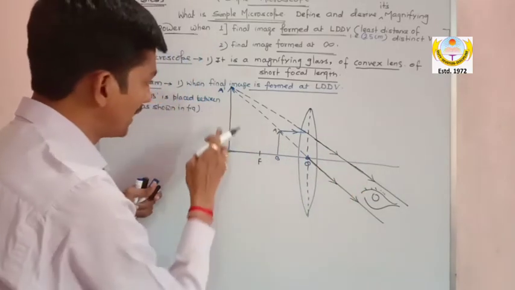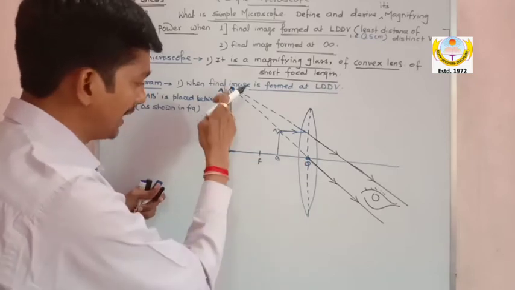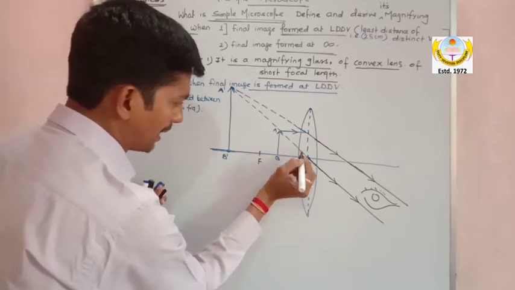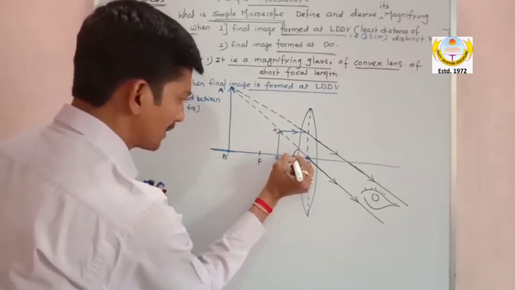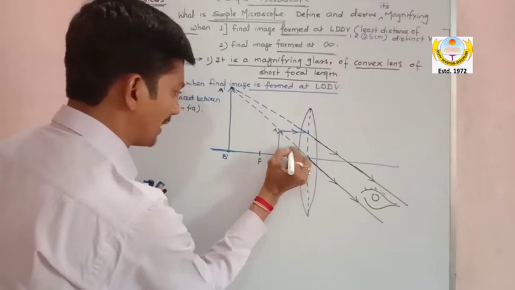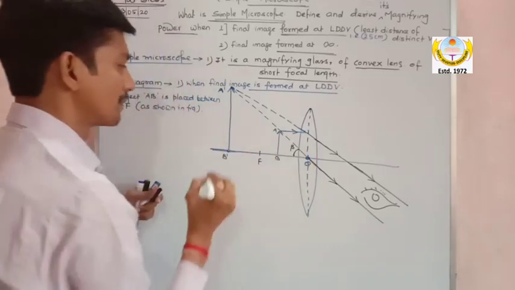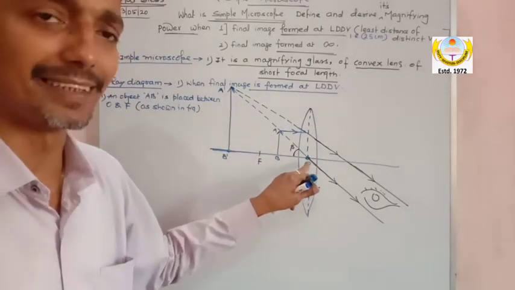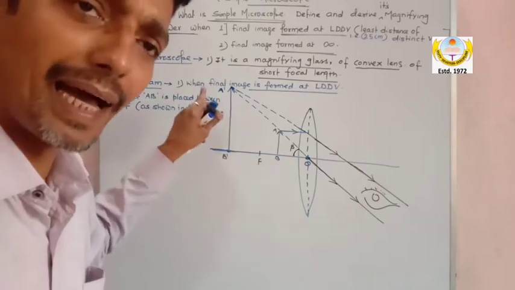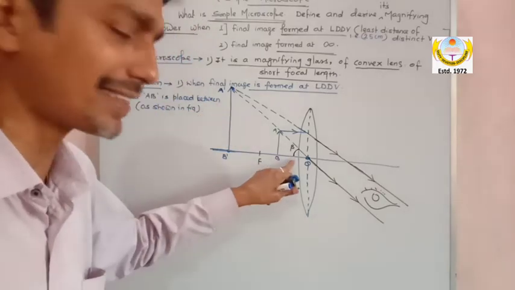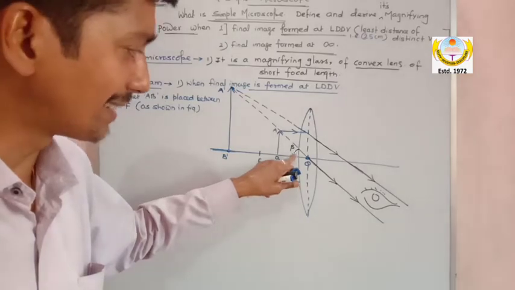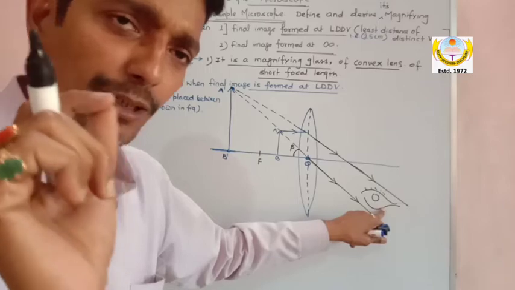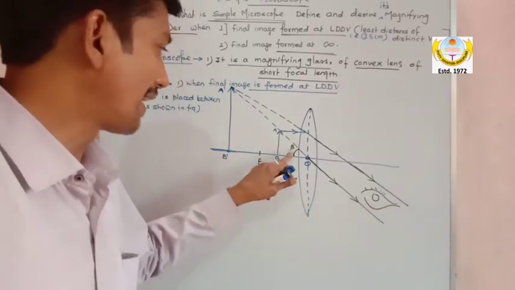So the image A dash B dash subtends an angle here, and let us draw this angle as beta. This is one small concept you are supposed to know.